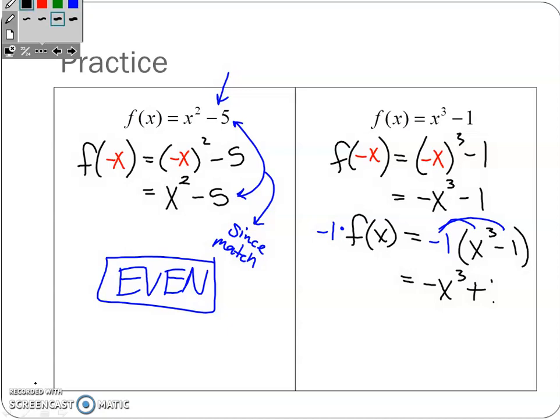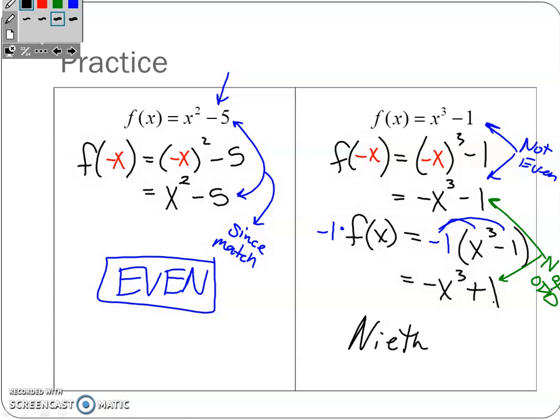They do not match. So these two don't match, so it's not even. And these two don't match, and that means that it's not odd. So if it's not even and it's not odd, our answer for this one is neither.